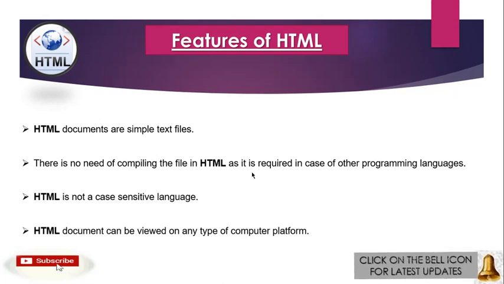First the code will be compiled properly and then it will run. The difference is that in HTML we don't need to compile the code. You can run the code of HTML directly in the web browser and get the output of your HTML file there.